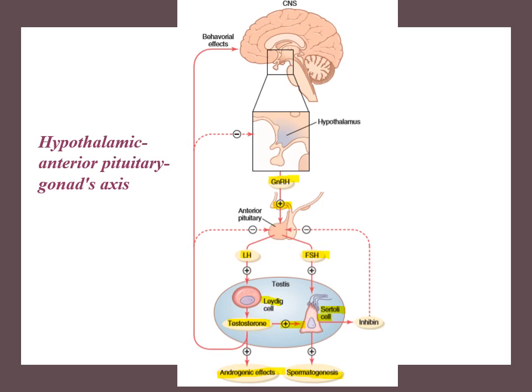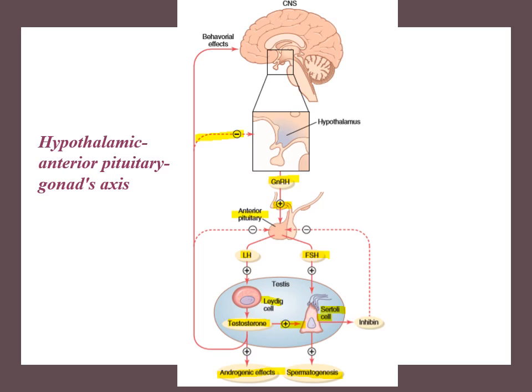Testosterone has a negative feedback on the anterior pituitary. When there is increased testosterone secretion, this will have a negative feedback on the anterior pituitary secretion of LH and FSH. Also, testosterone has a negative feedback on the gonadotropic releasing hormone.